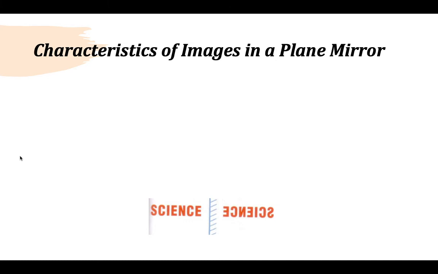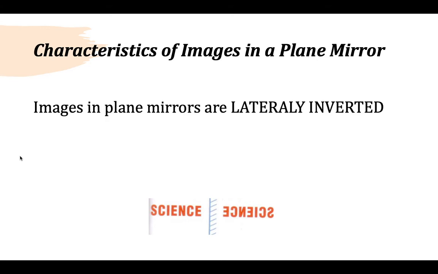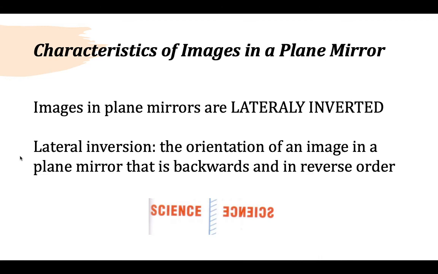So does this mean that if you look at a mirror, what you're seeing is exactly the same as what the object is? Not quite. The image that you are seeing is actually what we call laterally inverted. So it's a little bit the same, or most of the components are the same, the arrangement is a little bit different.